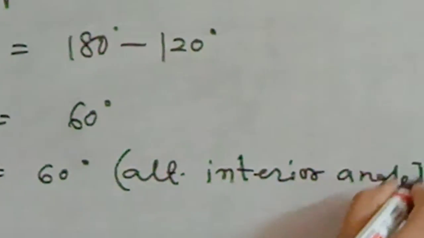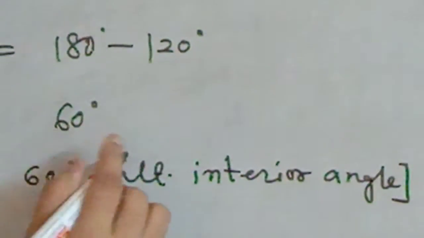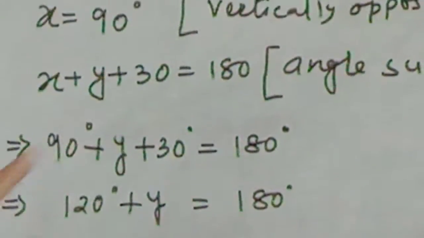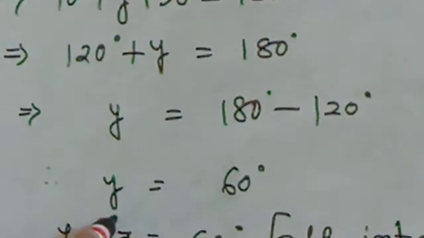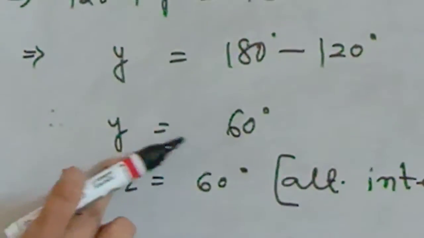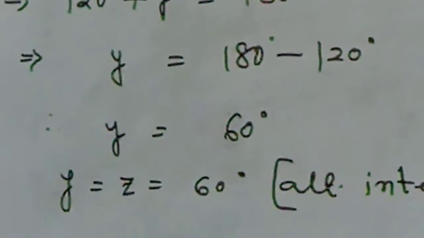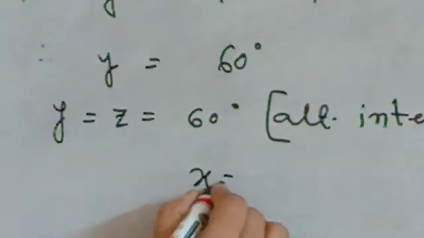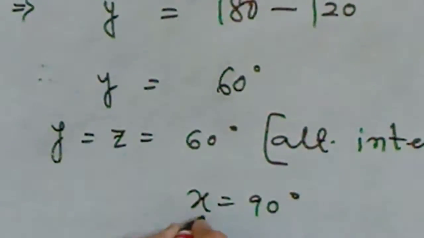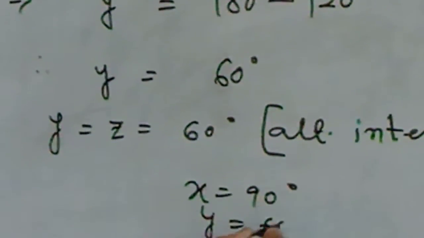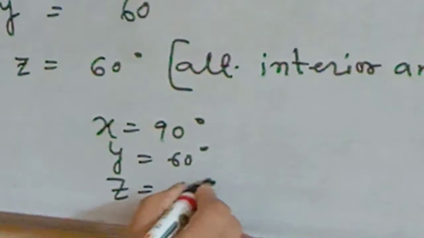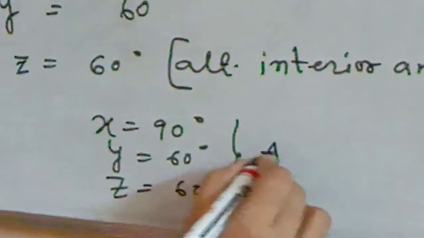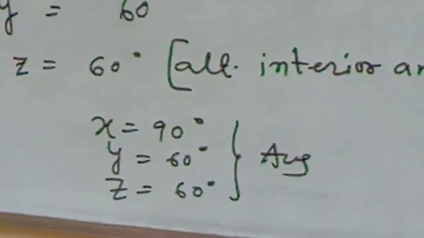So all the unknown angles: x is 90 degrees, y is 60 degrees, and z is also 60 degrees. You can write all the three unknown angle values separately also.